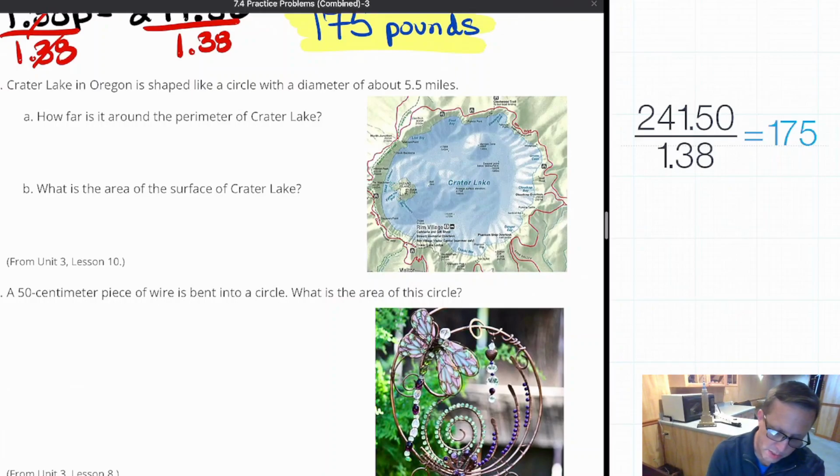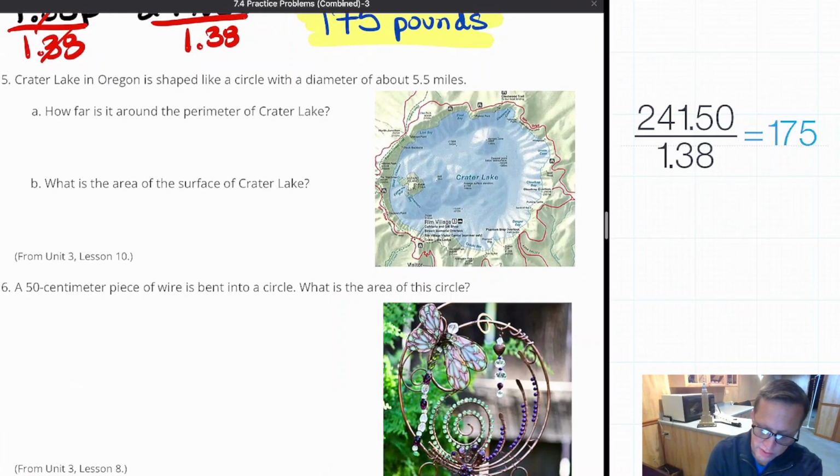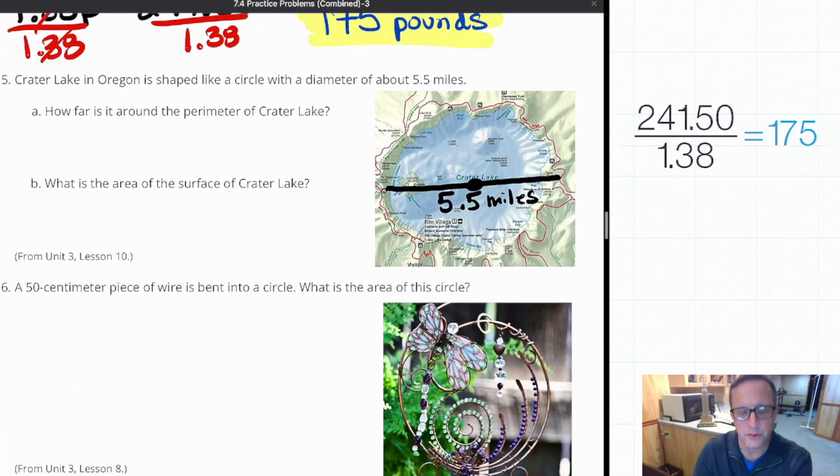So the diameter, the distance across it through the middle, is 5.5 miles. Okay, so how far around the perimeter? That doesn't say so, but that's basically asking what the circumference is, right?